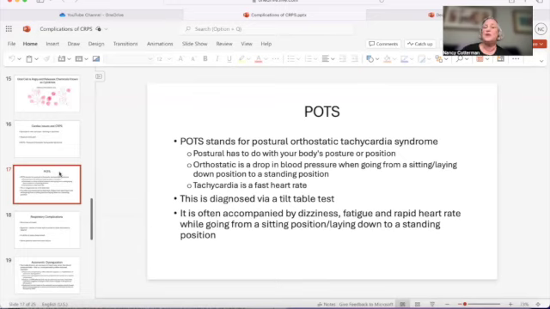Orthostatic is a drop in blood pressure when going from a sitting or laying position to a standing position. And tachycardia is a fast heart rate. This is diagnosed by a tilt table test. It is often accompanied by dizziness, fatigue, and rapid heart rate while going from a sitting or lying down position to a standing position.